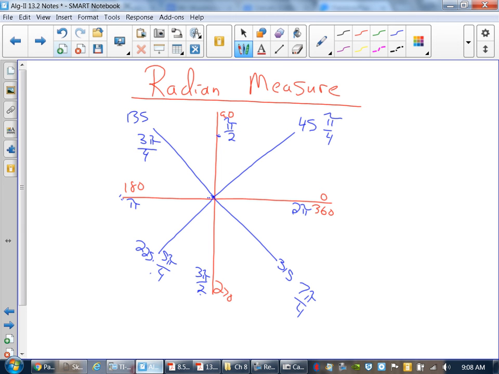So, what are the other two special angles that you're missing? We have 45s and the 60. If I draw in my 30, what's the relationship between 90 degrees and 30 degrees?